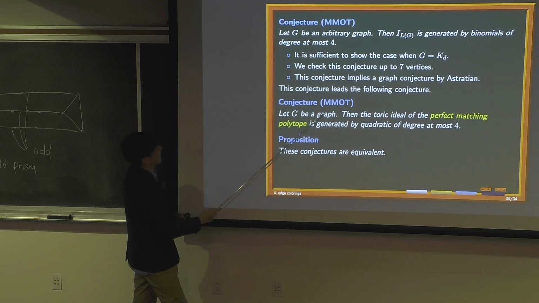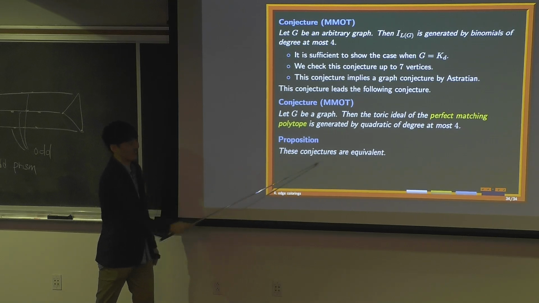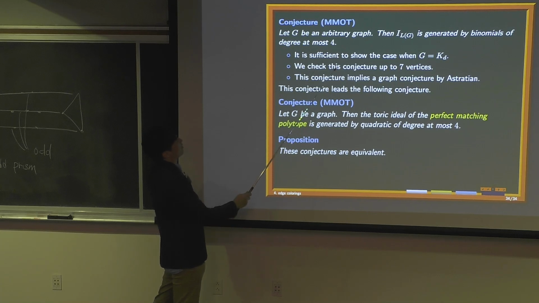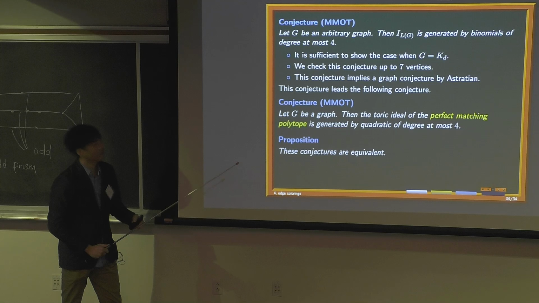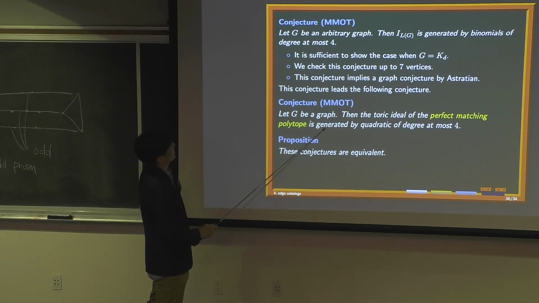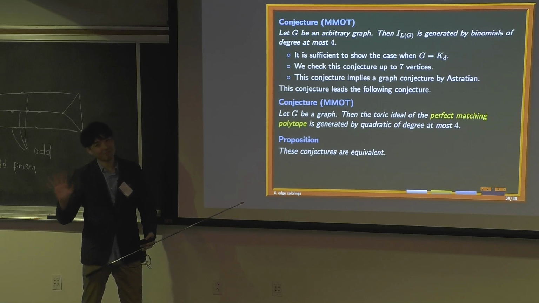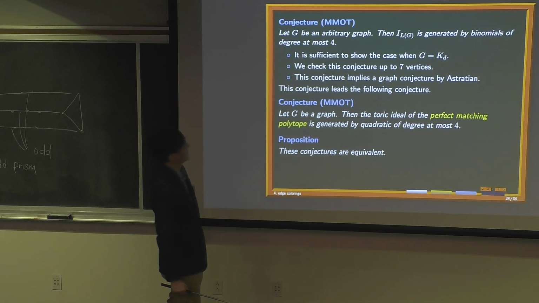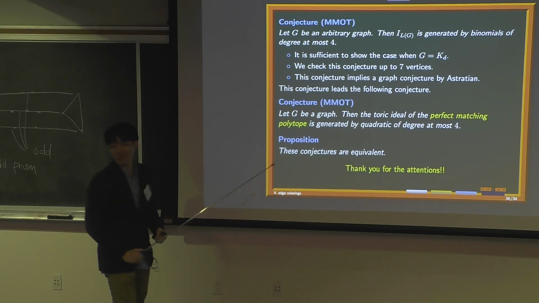In general the other direction does not always hold, but we show that these conjectures are equivalent. Namely, it is sufficient to show it for this case. For this conjecture, I checked up to 8 vertices, but 9, okay. That's all. Thank you for your attention.